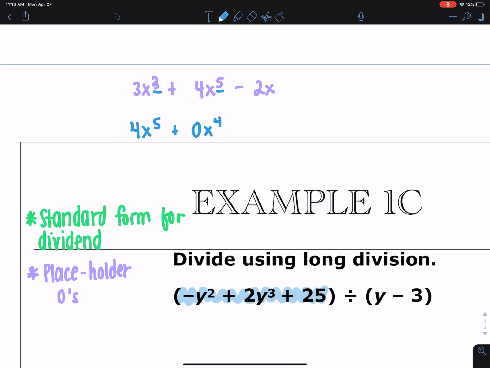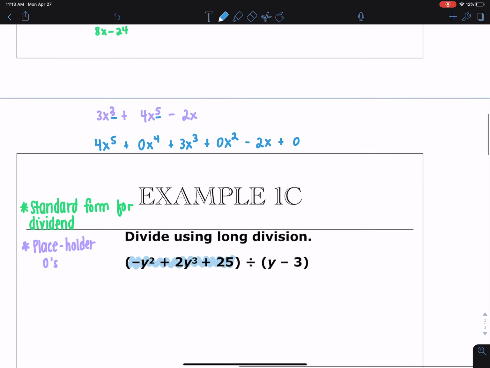And then we do have a third term, so we'd have plus 3x to the third. We don't have a squared term, so again, we need a placeholder 0 for 0x squared. We do have an x term, which would give us minus 2x. And then we also don't have a constant, so we would need to have a constant of 0.